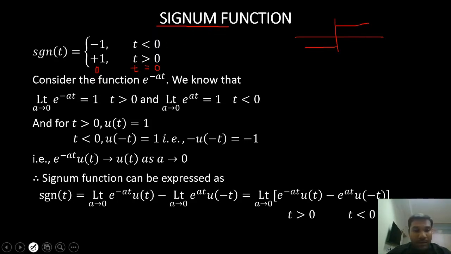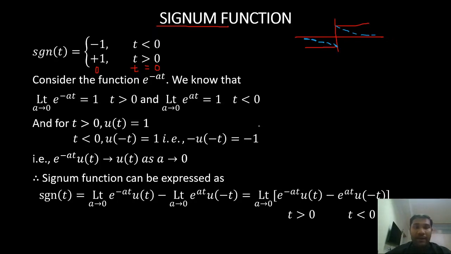So I will consider an exponential signal here and another exponential signal here, right? These two are my exponential signals. This is one exponential signal and this is another exponential signal.